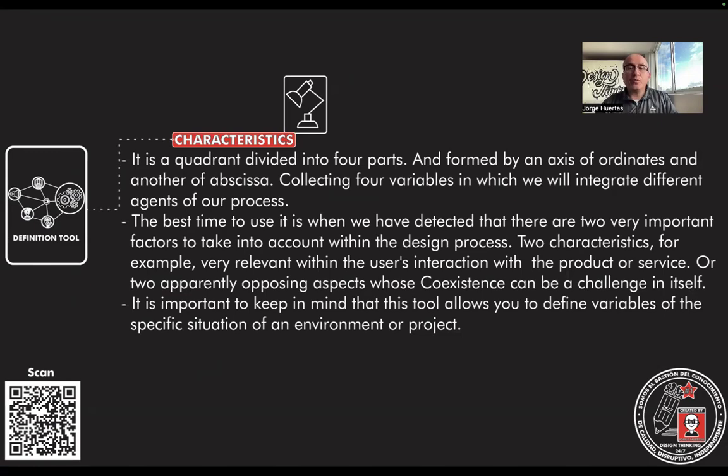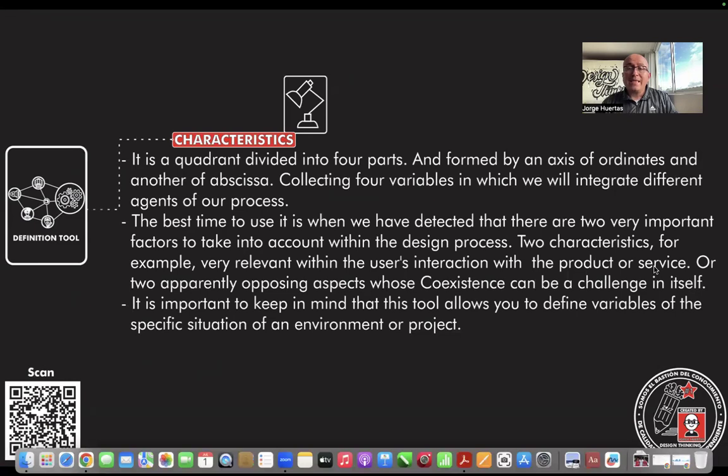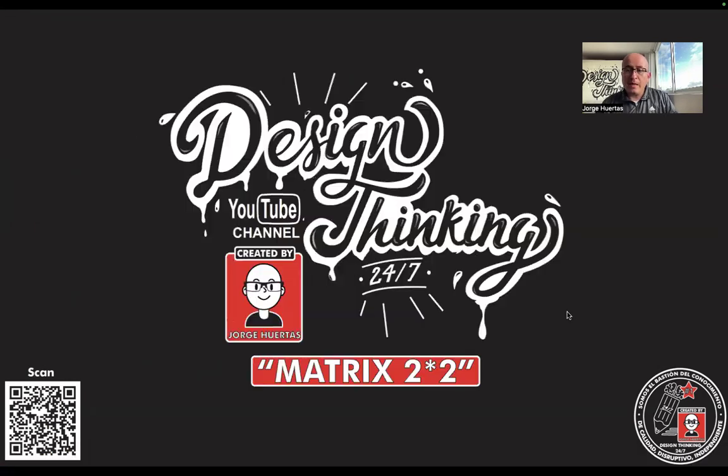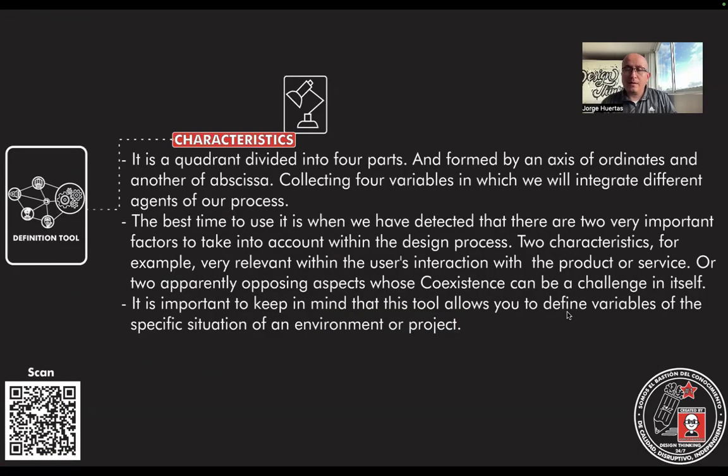The best time to use this is when we have detected that we are dealing with very different factors to take into account in the design process. Two characteristics, for example, very relevant to the user's interaction with the product or service, or two apparently opposing aspects that coexist and can be challenging.